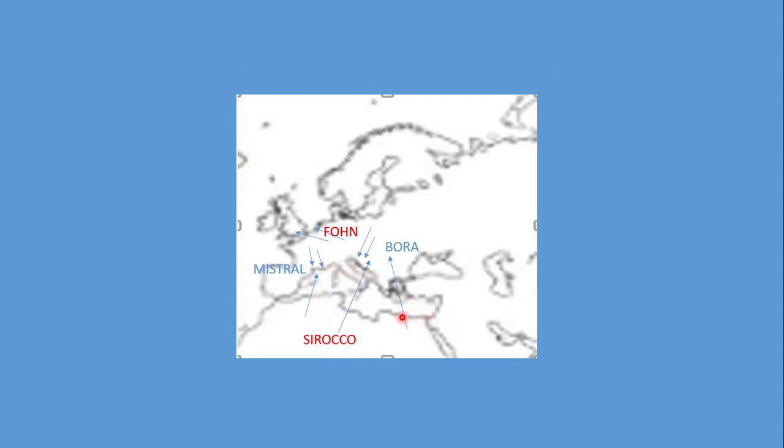Bora, a cold wind, blows along Adriatic Sea during winters. Mistral is a strong cold wind, and it affects the temperatures of that place. Fohn is a strong, hot and dry warm wind, which affects the climate.